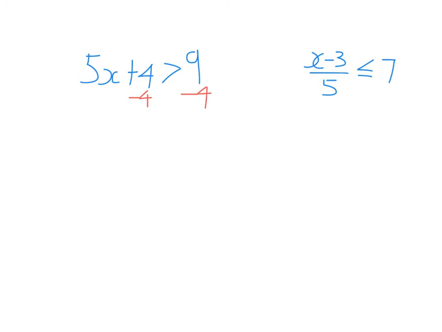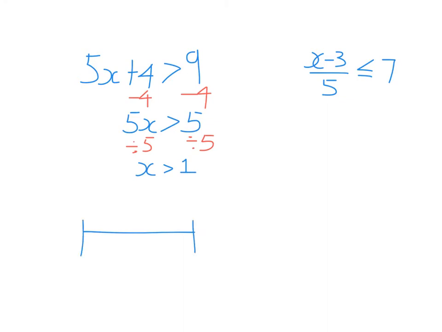So then we get 5x is greater than 9 minus 4 is 5. The way we undo timesing by 5 is by dividing each side by 5. So we get x is greater than 1. So if I want to graph this on a number line, which you will often be asked to do, let's just put a few numbers either side of the number 1.